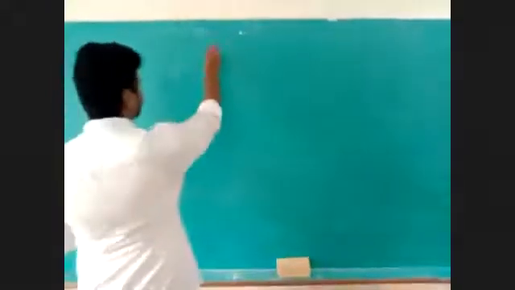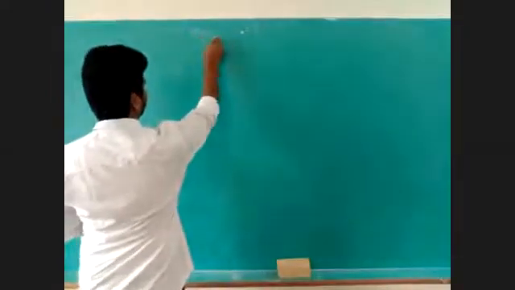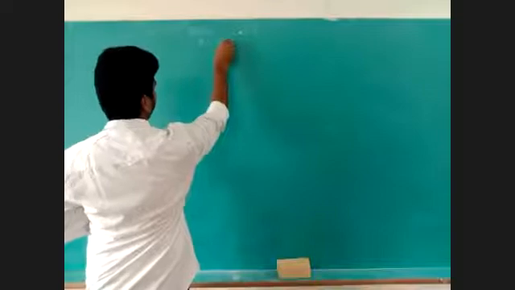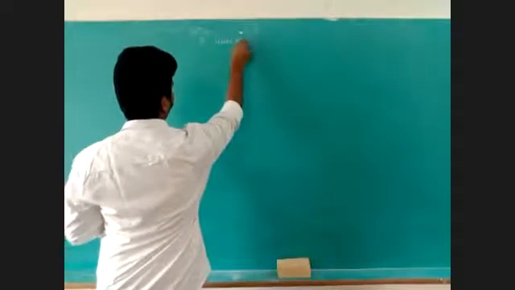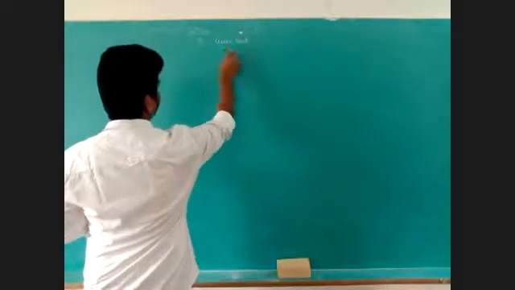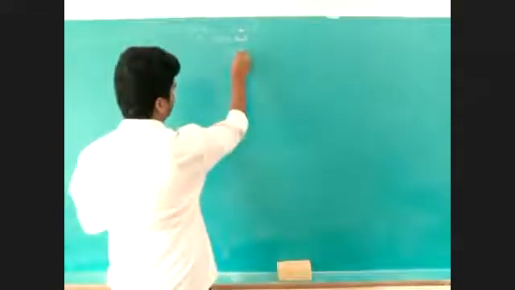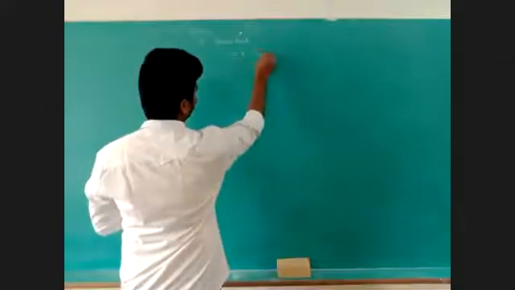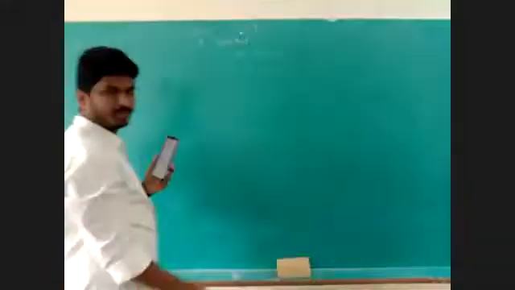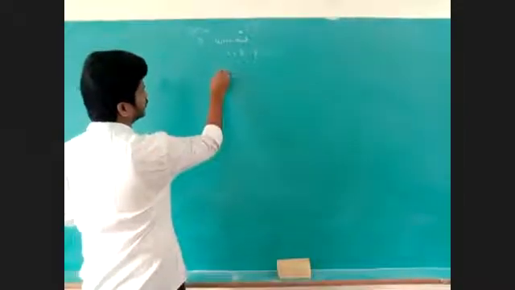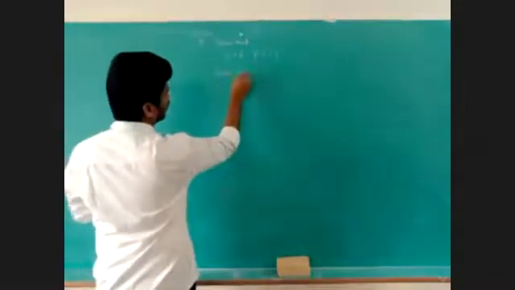Look at the first question: alpha equal to 2, beta equal to -1. Then find the sum of the zeros.